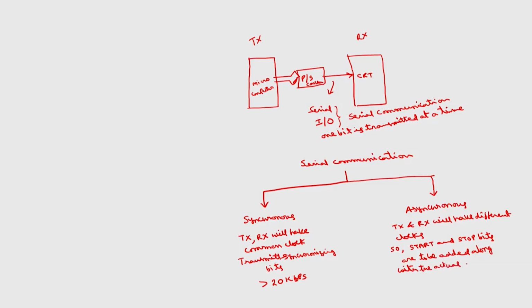In addition to the actual information, you have to transmit some additional bits called start and stop bits, which are added along with the information. Because of these start and stop bits, the process becomes slower. So, this will be normally used for data rates less than 20 kilobits per second.